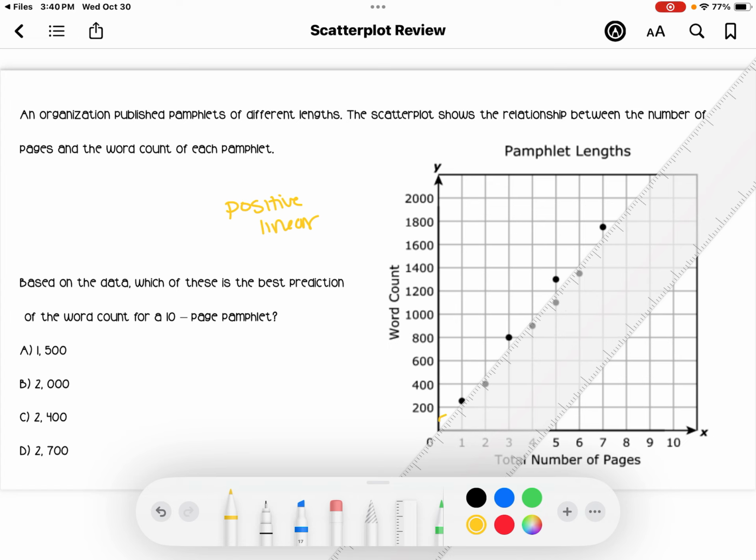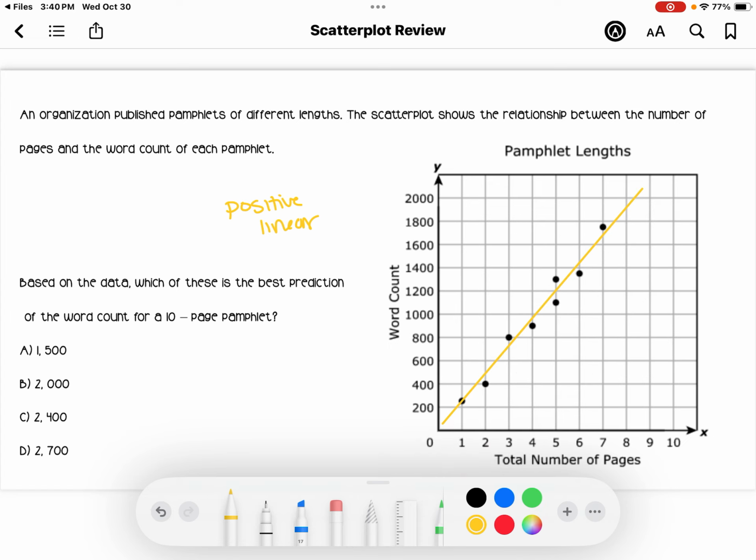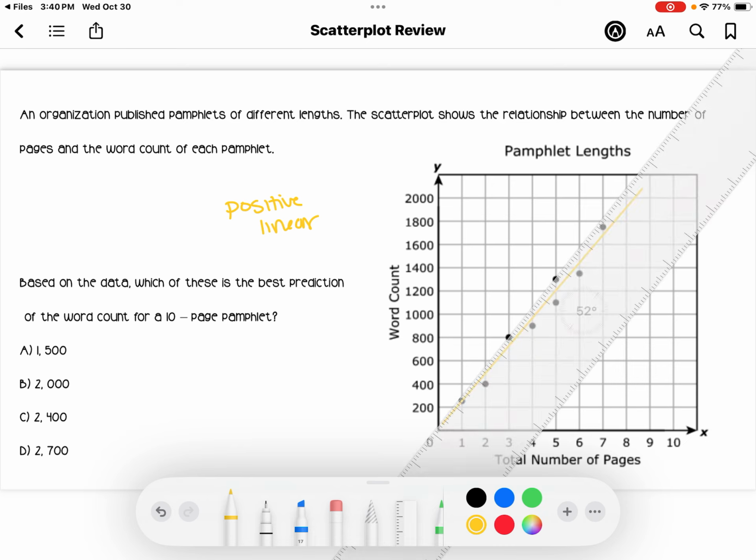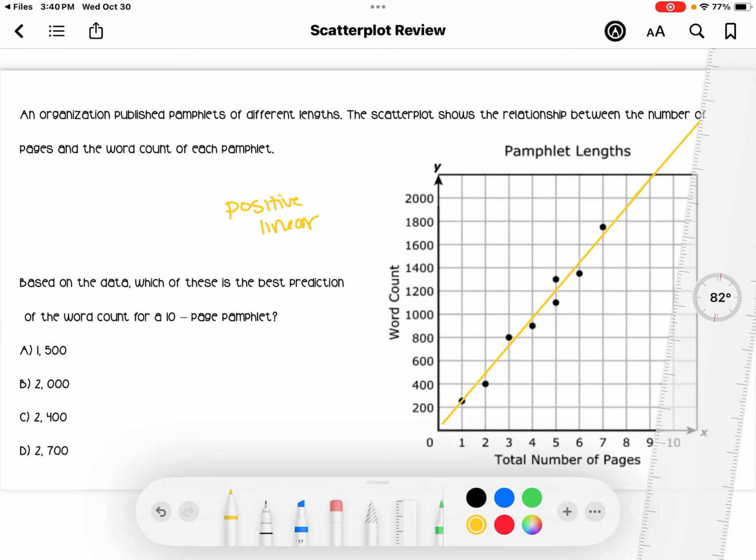Let's try this. Oh, we need to make it a little bit longer. And then it wants us to do a 10-page pamphlet.